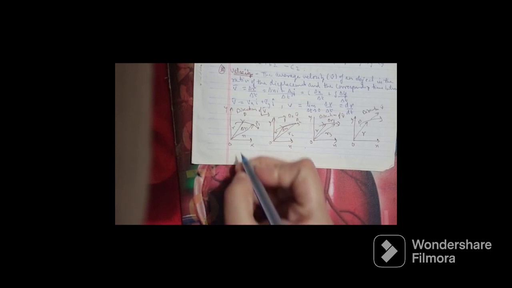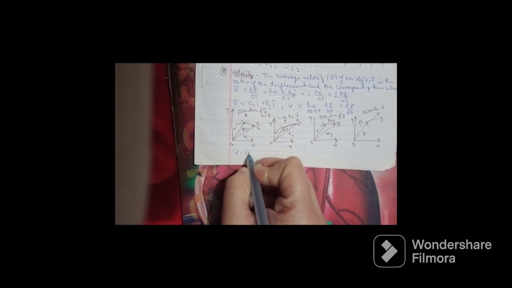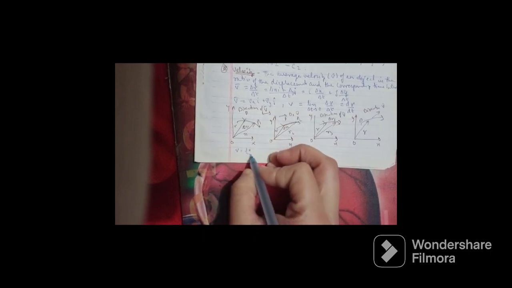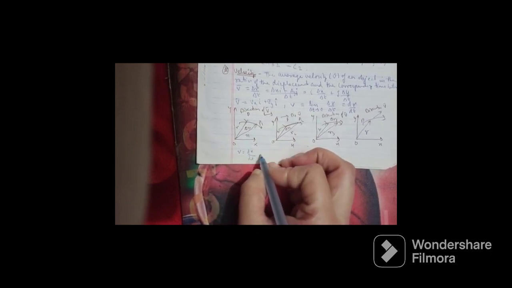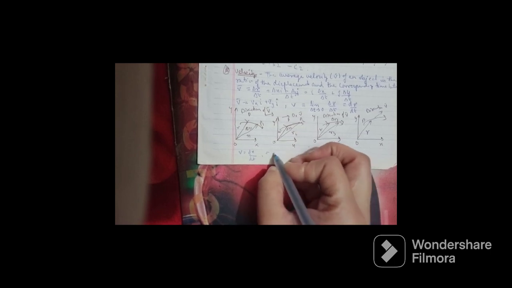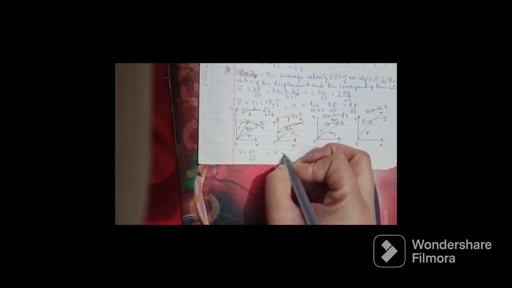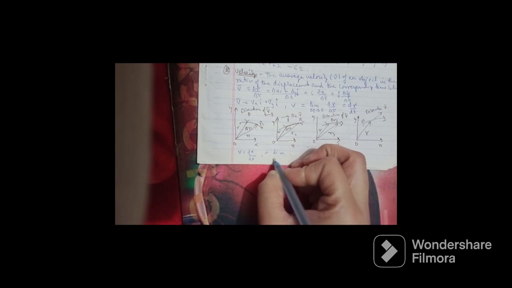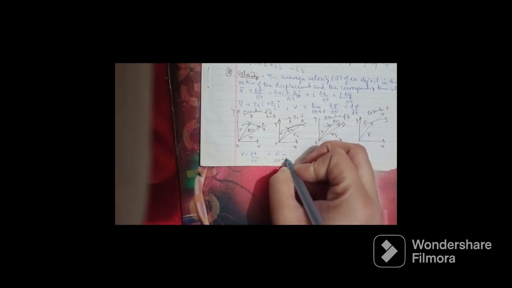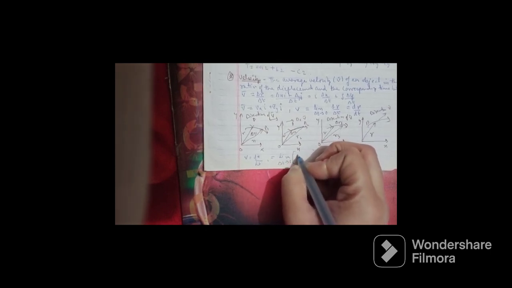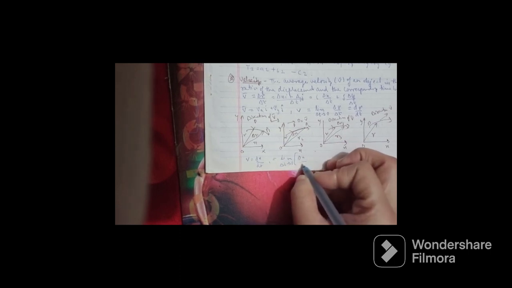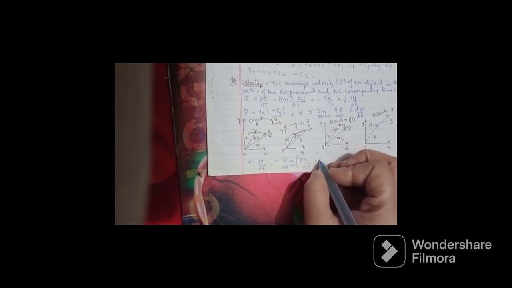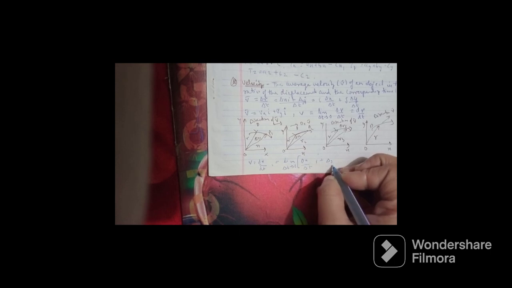We can express that here in the form v equals dx by dt, so that is equal to the limit as delta t tends to 0 of delta x by delta t i plus delta y by delta t j.